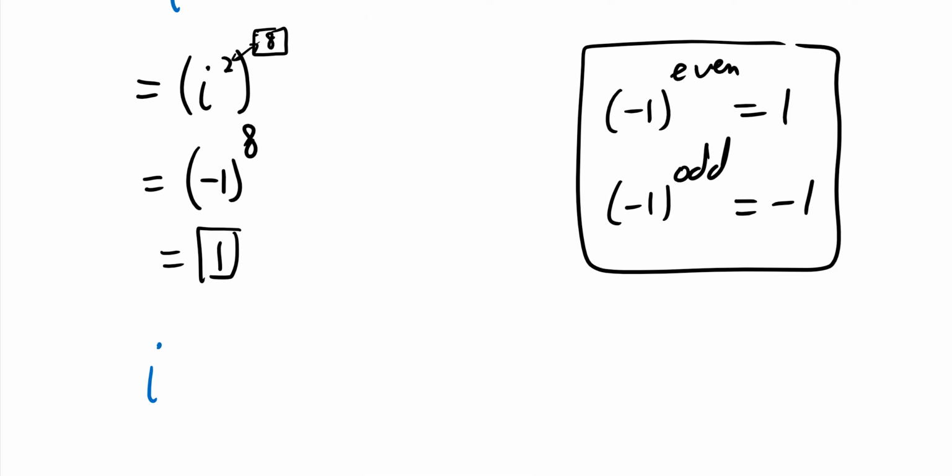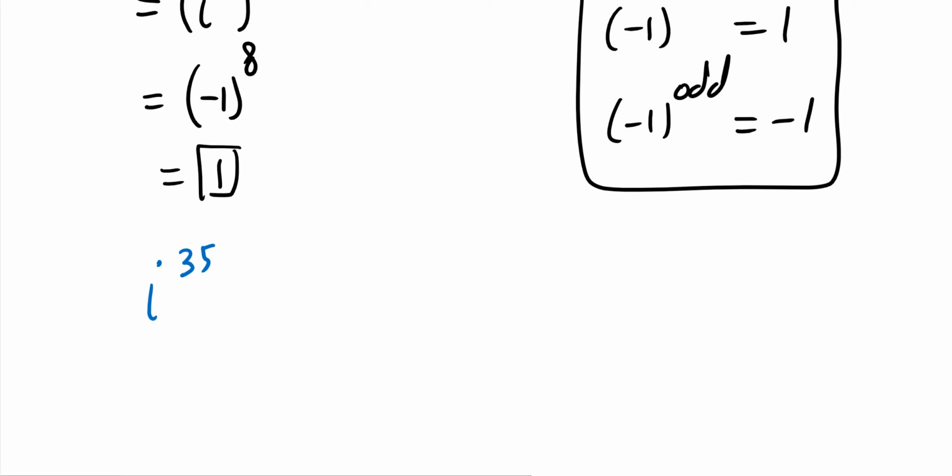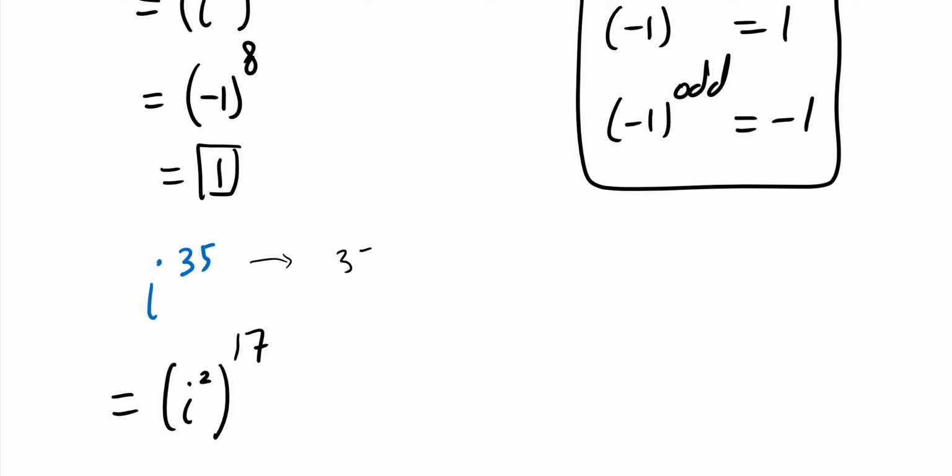What about if they give us another example? i to the 35th power. Let's make that number odd. So here I start with i squared. There's no number that if you multiply it by 2 gives you 35. But I can get to 34 by doing 17. 17 times 2 is 34. If it's an odd, you can always do 1 plus what? 34.